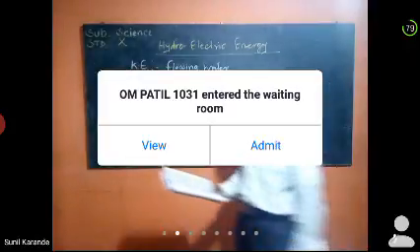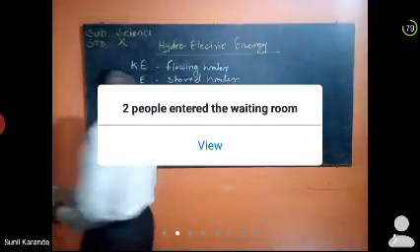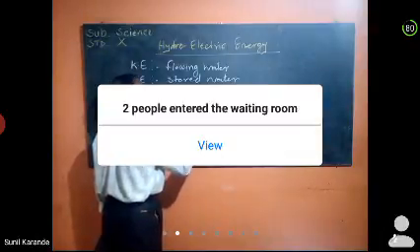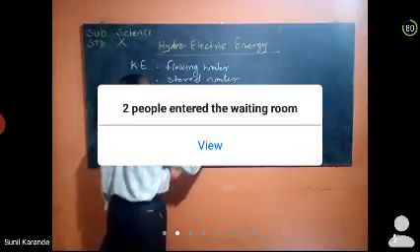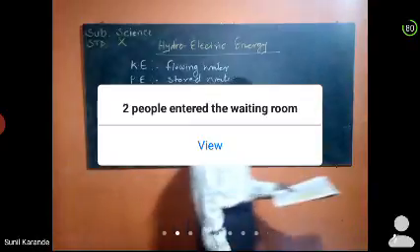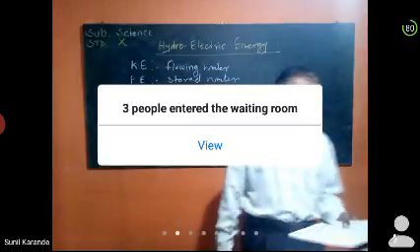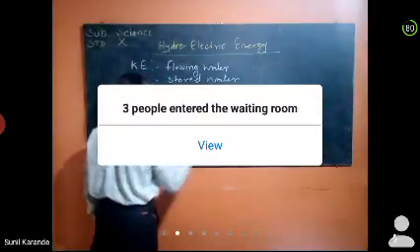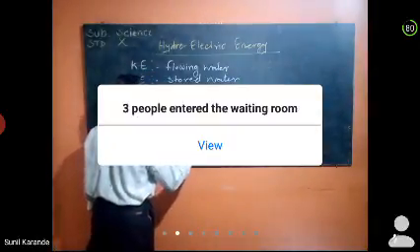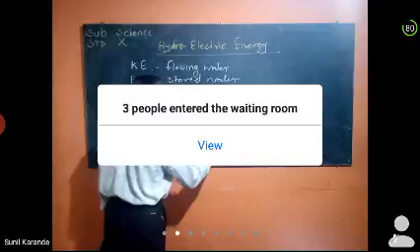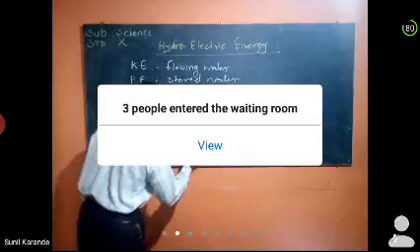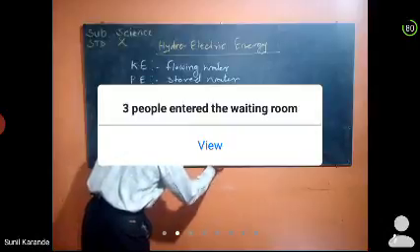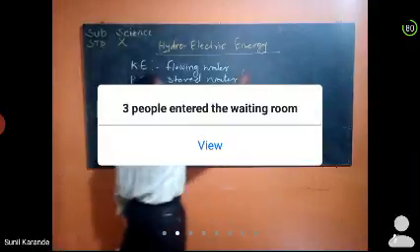This kinetic energy of flowing water is used to run the turbines. Now these turbines are connected to a generator, and when the generator starts, we get the production of electricity.